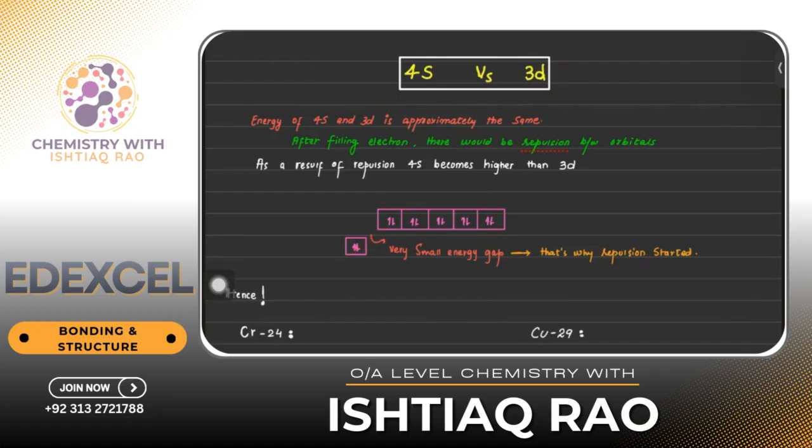When you put electrons in 4s and also in 3d, there would be a repulsion between electrons in 4s and 3d. As a result of repulsion, 4s would feel a force of repulsion. So as a result of this, the energy for 4s becomes higher.